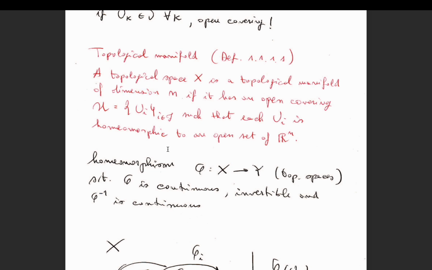So a topological manifold of dimension n is a topological space having an open covering U such that each U_i is homeomorphic to an open set of R^n.